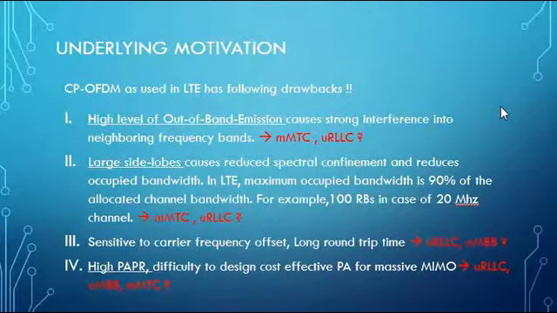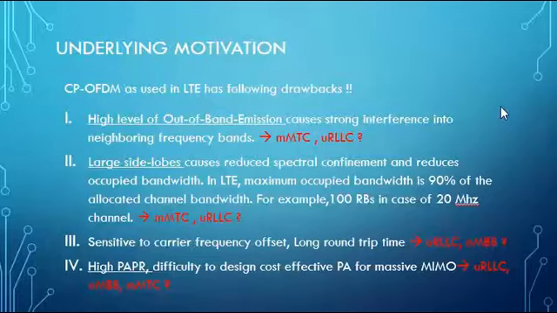So now, based on this background, let's try to understand the underlying motivation to study other waveforms. The CP based, or cyclic prefix based, OFDM which is used in LTE today has certain drawbacks.